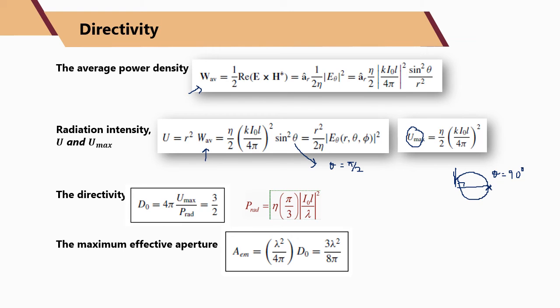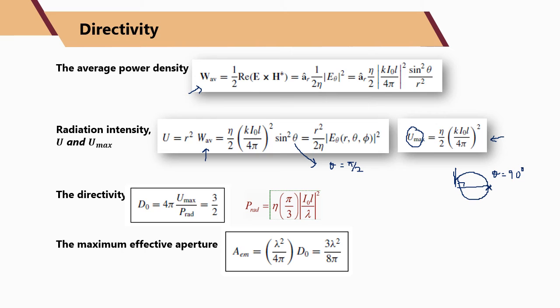Therefore, the maximum radiation intensity is reduced to this equation: the intrinsic impedance divided by 2 multiplied by the quantity k I naught L divided by 4 pi, squared. The maximum directivity can be calculated as D naught, the maximum radiation directivity, equal to 4 pi U max, the maximum radiation intensity, divided by P rad, which is equal to 3 over 2.